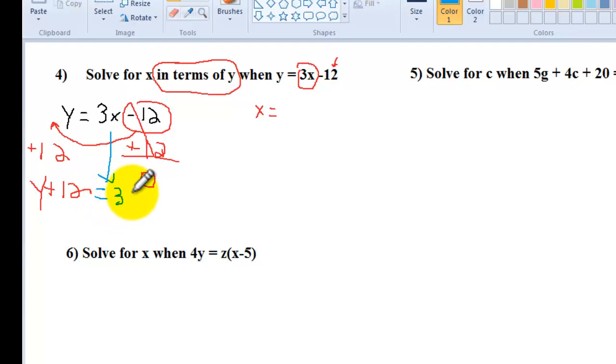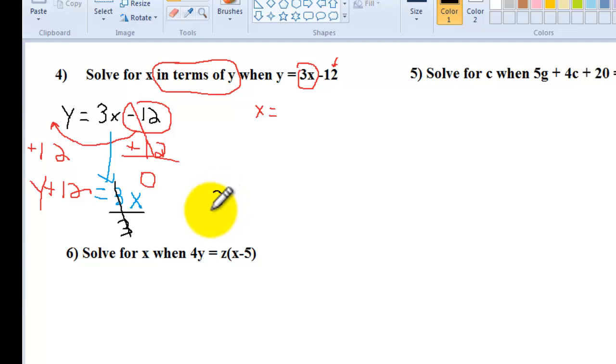So now what we did is we had 3x minus 12. We got that added away. So we added it to the sides, and now we have y plus 12 equals 3x. Well, in order to isolate this x, we now have 3 times x. So we do the opposite of multiplication this time. So we're going to divide 3x by 3. And that cancels 3 because 3 over 3 equals 1.